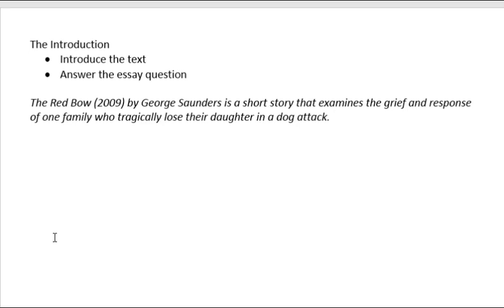At this stage, I just want to go immediately into answering the question, which is: analyze how symbols are used to comment on society. So, in his short story, George Saunders' comment on society is that, and this is where sometimes you just go right back to your notes. What was that you wanted to say?